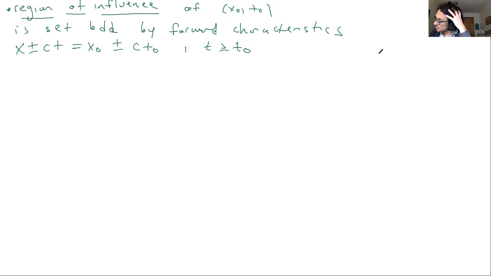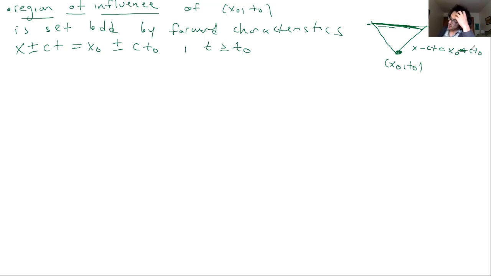And it just tells you, well, if I start at x0, t0, this is the region, let's say at time t, that's going to be influenced by this particular point. So this would be x minus ct equals x0 plus ct0, or minus ct0, excuse me.